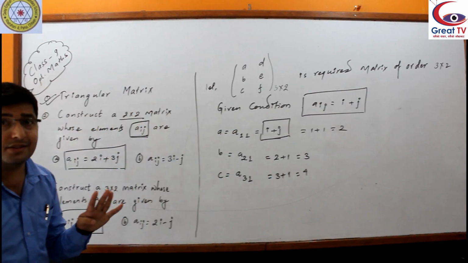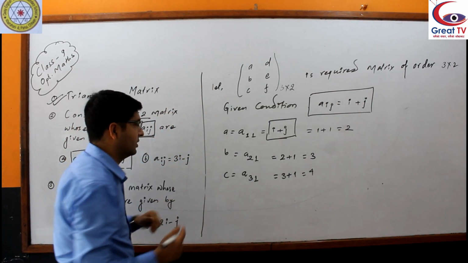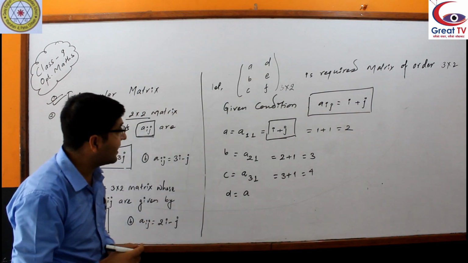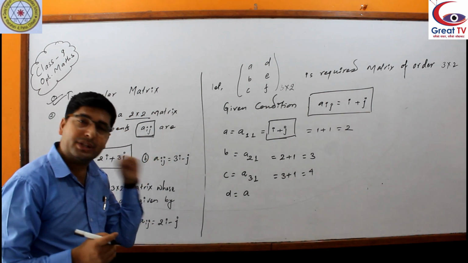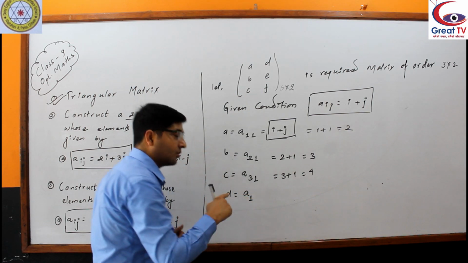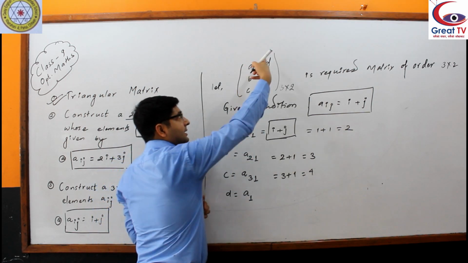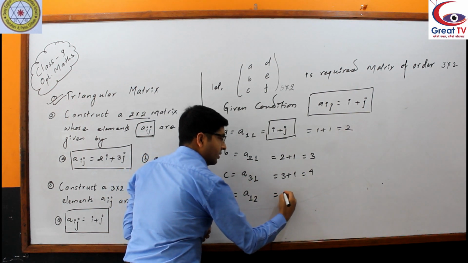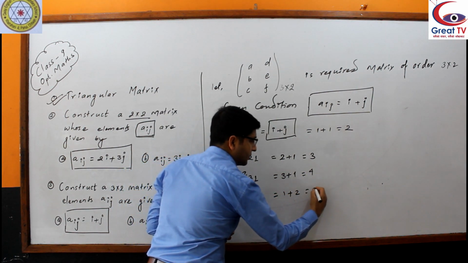Now we have the remaining 3 entries, D, E and F. D lies on which row? First row. Then which column? Second column. a12 equals 1 plus 2 is equal to 3.